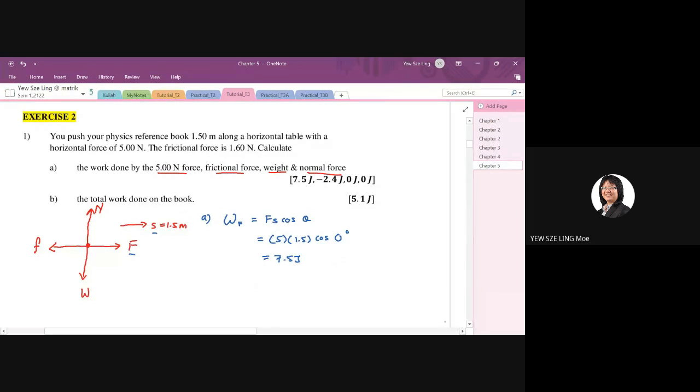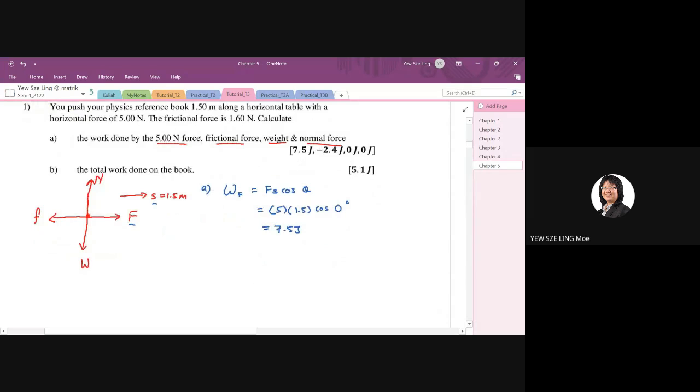All right, and then the second force that I'm going to calculate is the frictional force, so W friction, the work done by the frictional force. When it comes to calculations, make sure you use the right symbol.